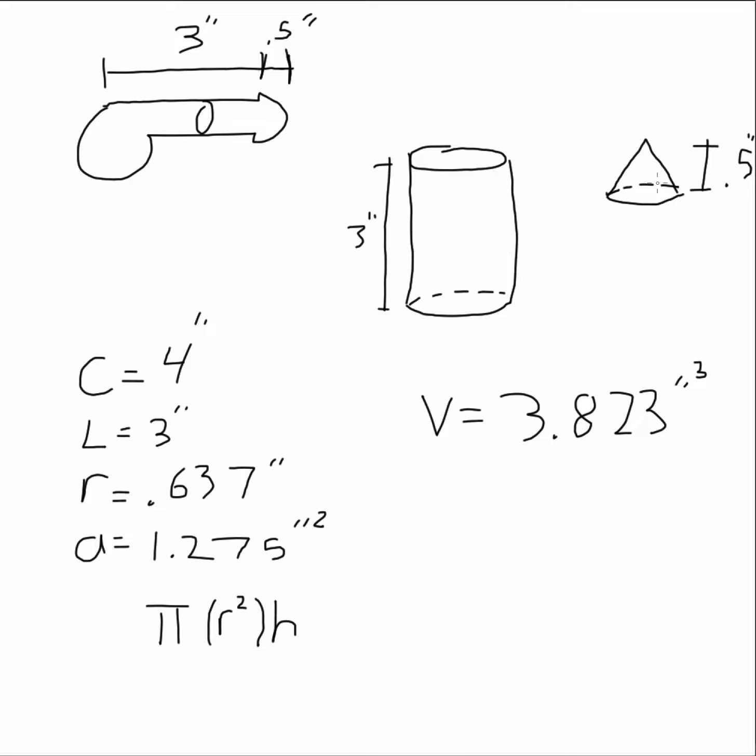To find the volume of the head, it's a bit trickier because it is a circular cone. The equation is this exact same thing, except first you multiply it by 1/3.